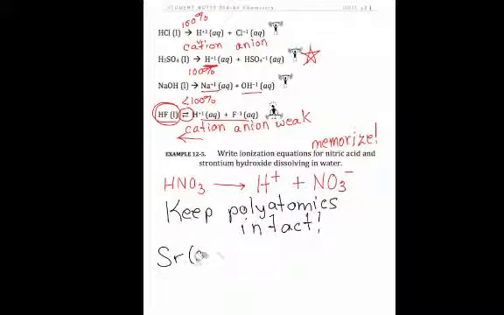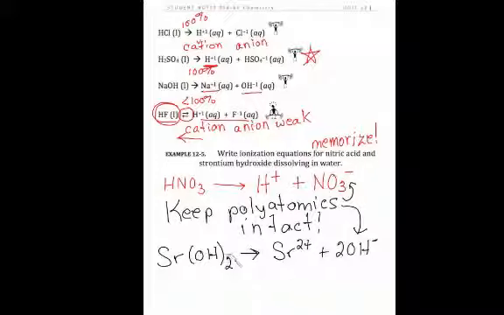Okay. Then we have strontium is +2, hydroxide is -1. So this would be strontium hydroxide. It's going to go 100% to strontium ion plus 2 hydroxides. Again, keep your polyatomics intact.